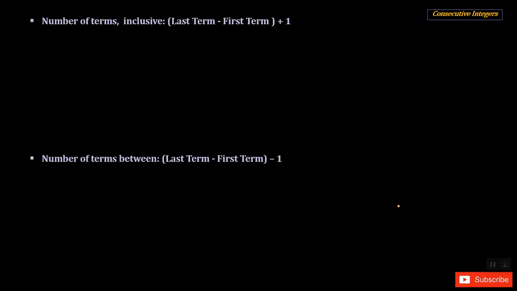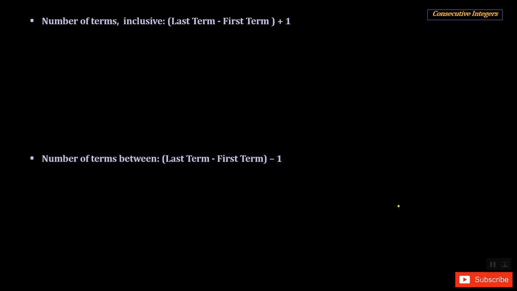Sometimes you may also expect a question to find the number of terms in a certain range. They may ask you how many integers or how many terms are there from x to y inclusive. It means how many numbers are there from x to y including the x and y.